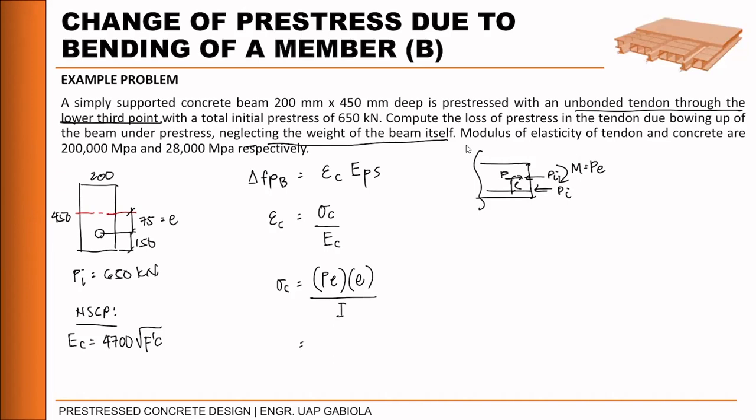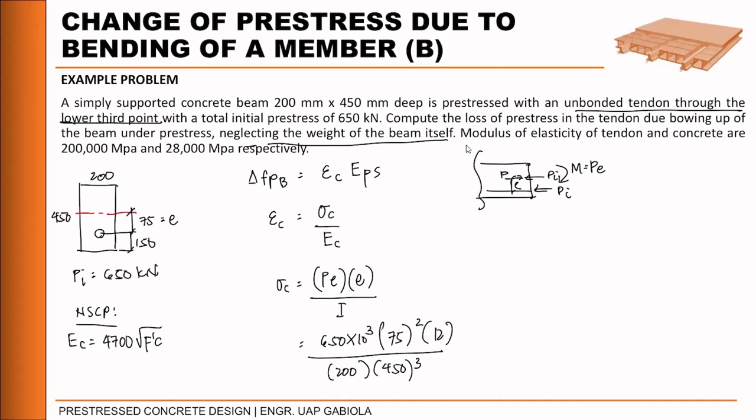So, we just substitute. You have 650 times 10 to the 3 times our e, which is 75, squared. For our inertia, nothing was indicated, so that is a square: 200 times 450 cubed over 12.